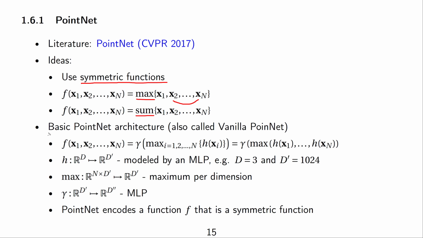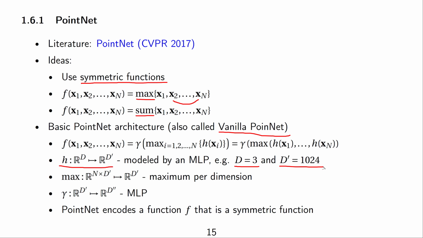Let's also go over basic PointNet, or vanilla PointNet, again. Let's look at this building block here, a function h that goes from R^d to R^d'. For example, the input dimension is d equals 3 and the output dimension is d' equals 1024.